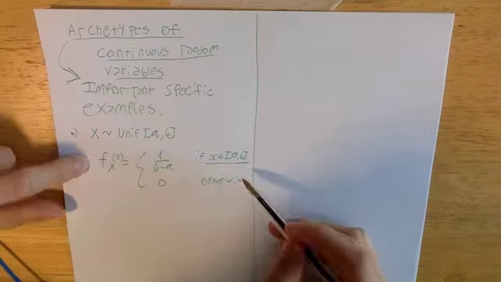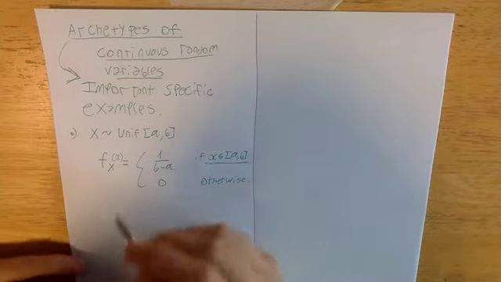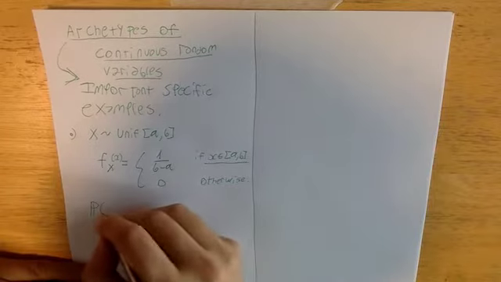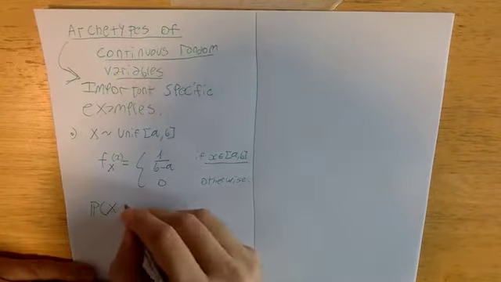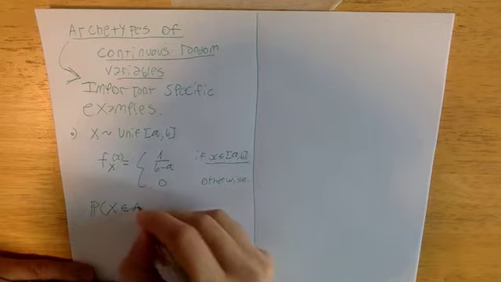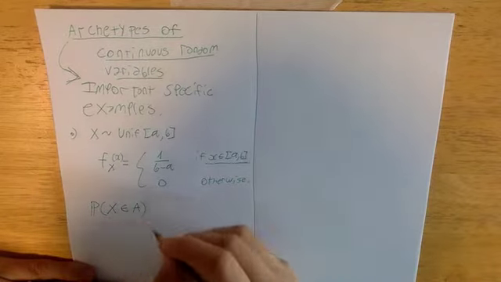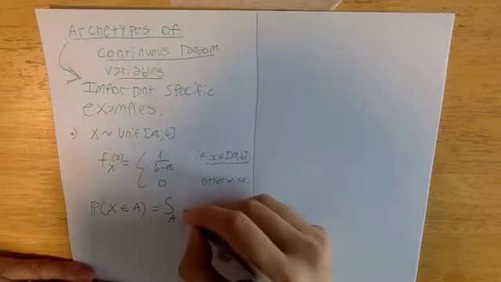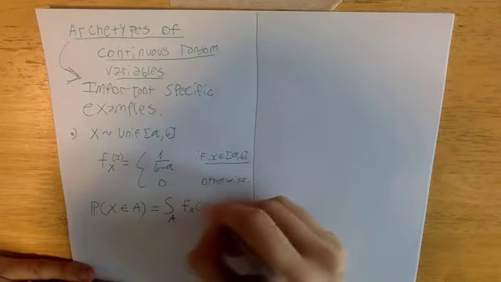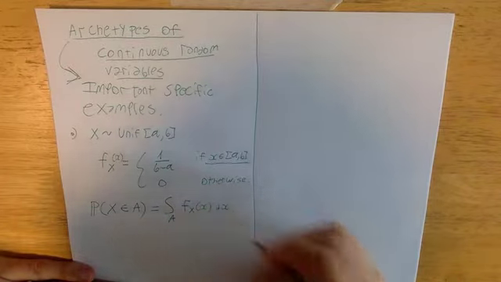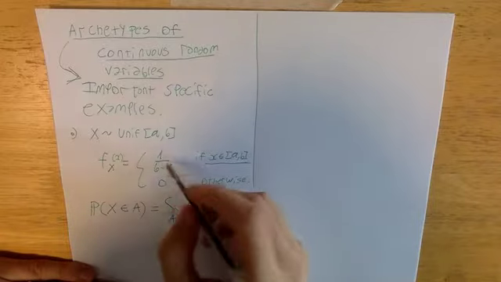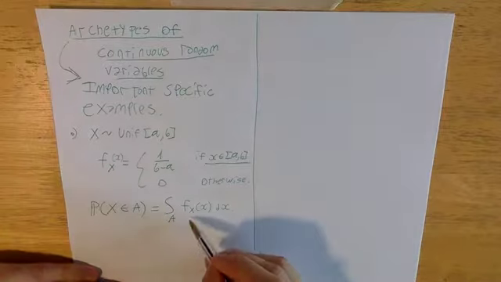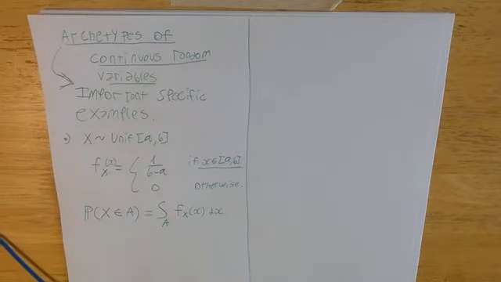So in particular, the probability that my random variable X is in a set A is going to be the integral over A of f(x) dx. This is just the integral of 1 over b minus a, so the size of A over the size of the interval. This is what we saw last class.